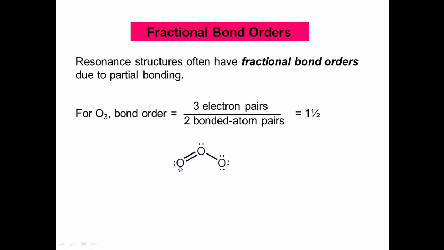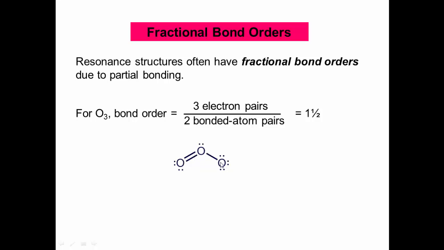So bond order is just a measure of the strength of the bond. We typically call a double bond a bond order of 2, a single bond a bond order of 1, a triple bond a bond order of 3. And we can measure strengths of bonds using a variety of techniques such as infrared spectroscopy. And the stronger this bond, this will affect the vibrational frequencies.